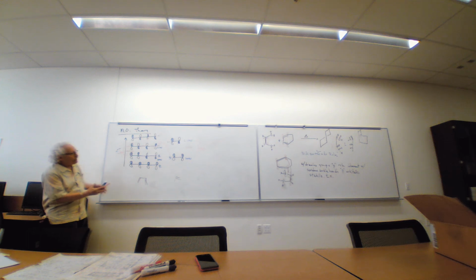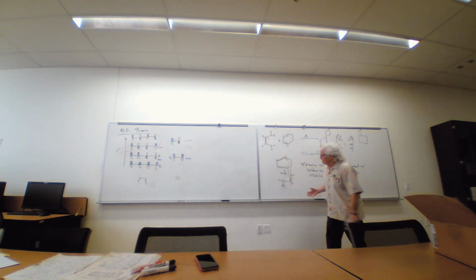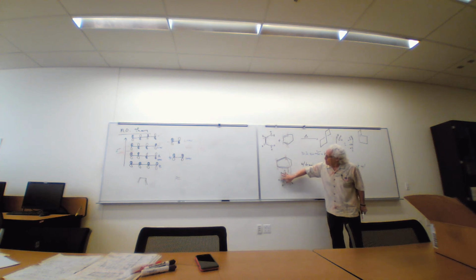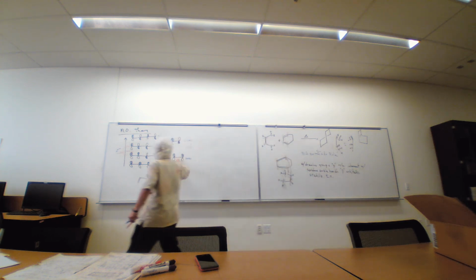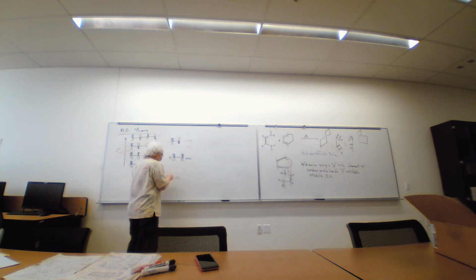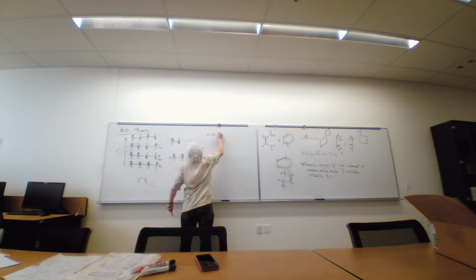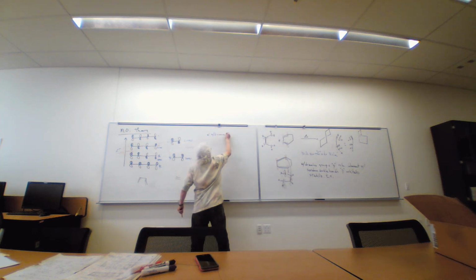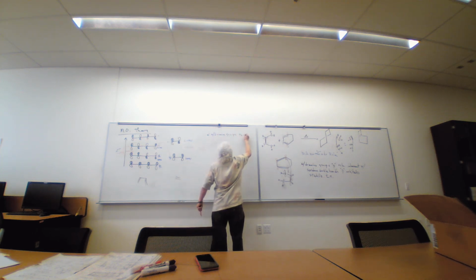So, molecular orbital theory proved what Diels and Alder saw by experiment, that putting electron withdrawing groups on the dienophile makes the reaction go faster, because it raises the HOMO of the dienophile. So, electron withdrawing groups raise the HOMO.